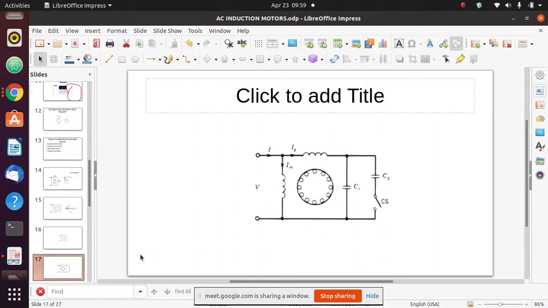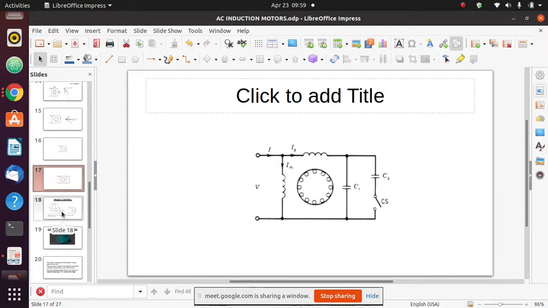Then we have the capacitor start, capacitor run single phase induction motor. The capacitor used for starting is connected to a centrifugal switch, so we cut it off once the rotor reaches around 75% of the synchronous speed. The capacitor used for the running operation is left to run, so it is not disconnected from the circuit.